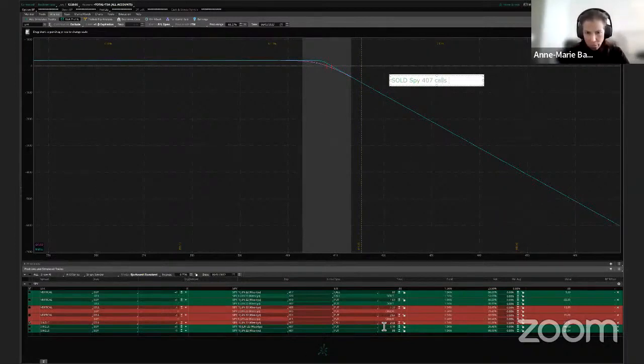Right? So the 407 call I have sold, and all I can make is how much I sold it for, which is currently $200.02. So when you sell something, you immediately collect something else into your account. That allows you to collect profit immediately.